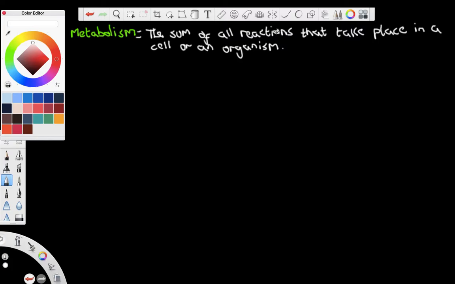Okay, so metabolism is the sum, which means total, of all reactions that take place in a cell or a living organism.